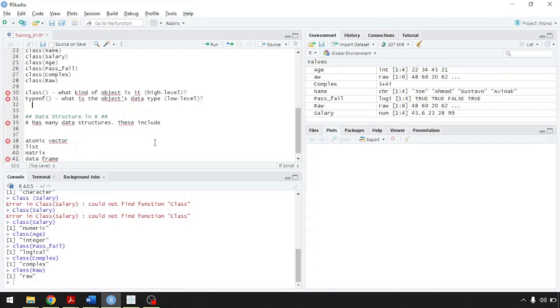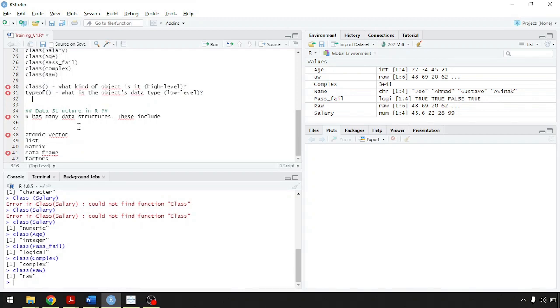Something else in R that's important to understand is that R has specific data structures. Just like in Excel there's a worksheet or matrix, in R there are five major data structures that one needs to be familiar with.